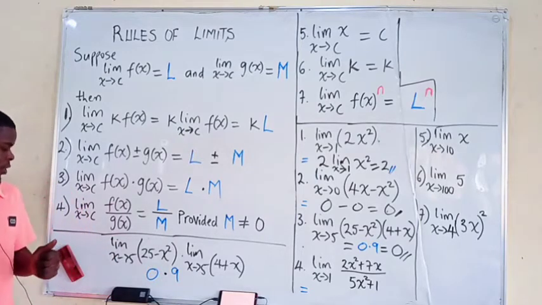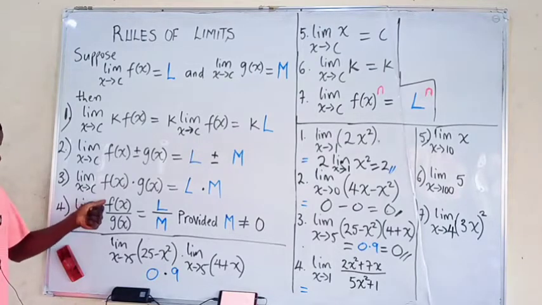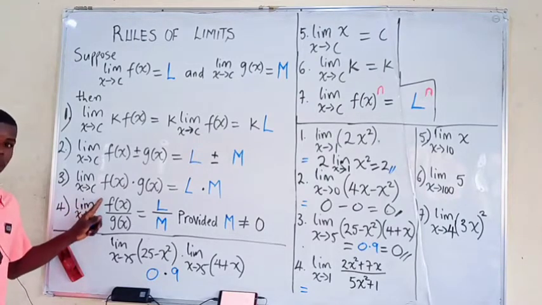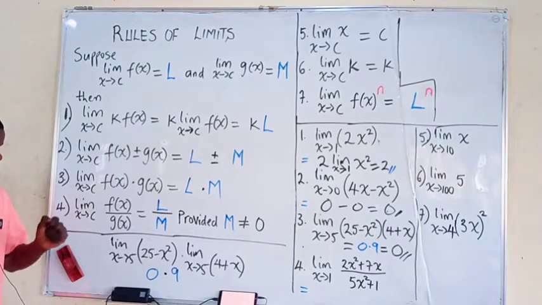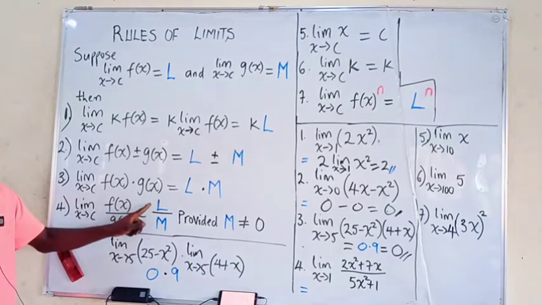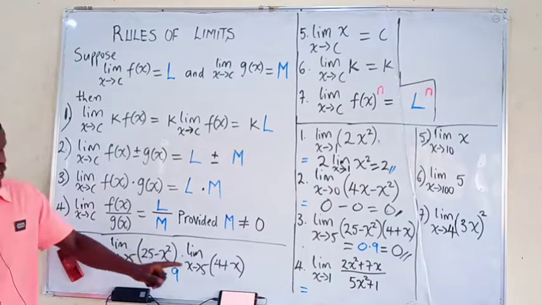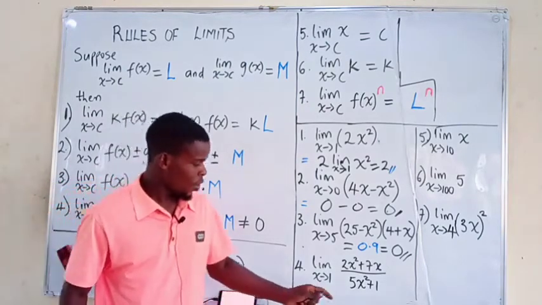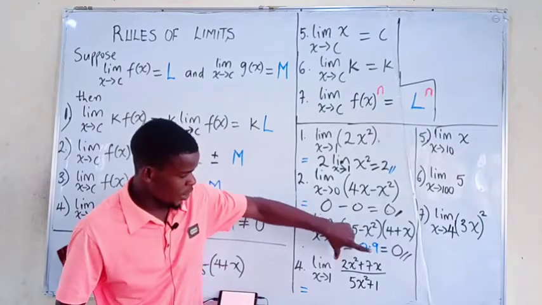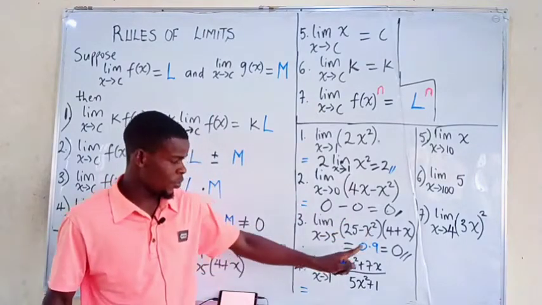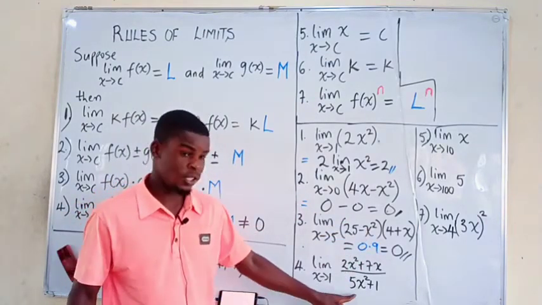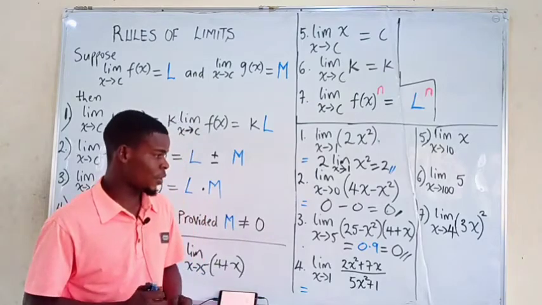Now the fourth question there, we are going to use the quotient rule to evaluate. So the limit of the quotient of two functions, that is f of x divided by g of x, is the quotient of the limits, so L over M. Okay, so using this, as x tends to 1, we are going to have to evaluate the limit of the numerator divided by the limit of the denominator as x tends to 1.